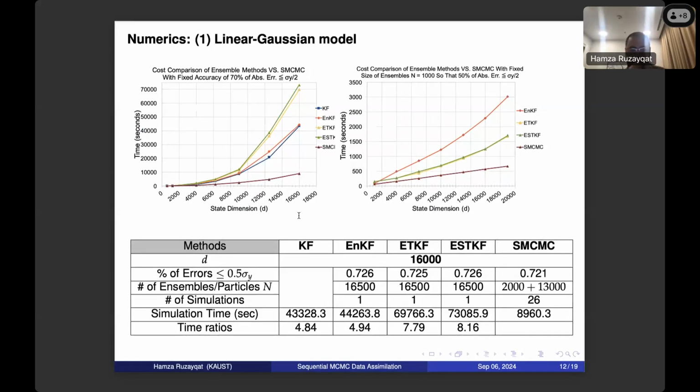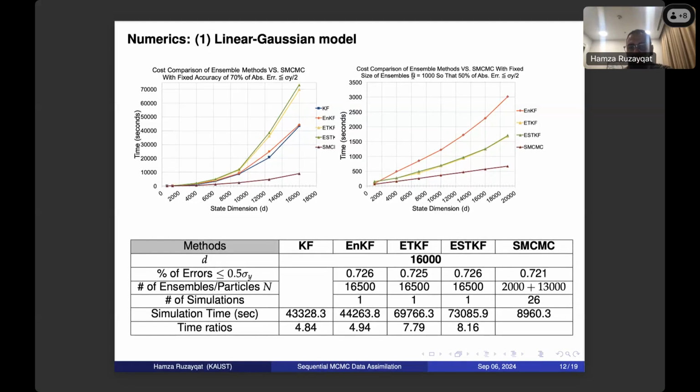We can see that for the SMCMC, at dimension 16,000, it takes 10,000 seconds to get 70% of the errors less than or equal to sigma y over 2, while the other methods, for example the ETKF, took about 6,000 or 7,000 seconds. It's a huge jump.